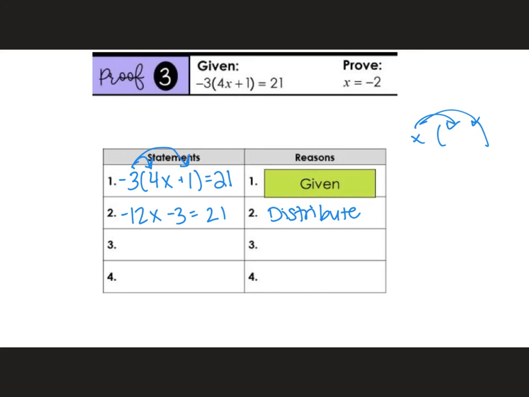Got to undo the subtraction. We undid the subtraction by adding. And now how do I undo this multiplication? By dividing.